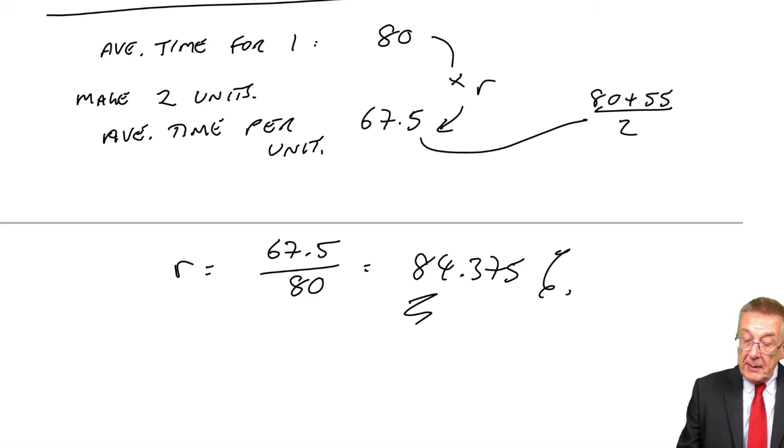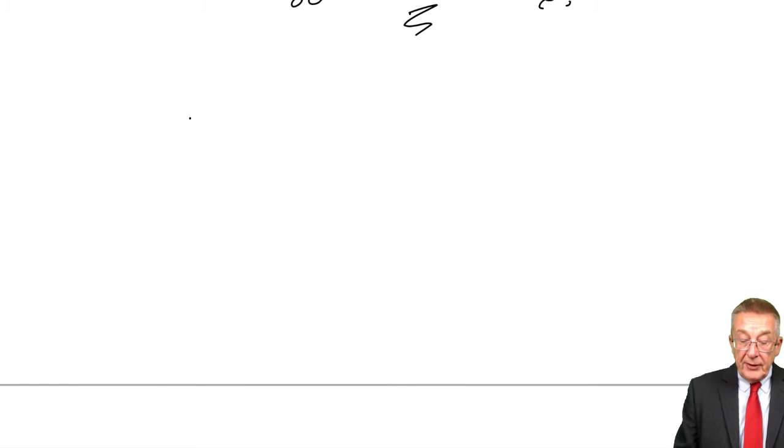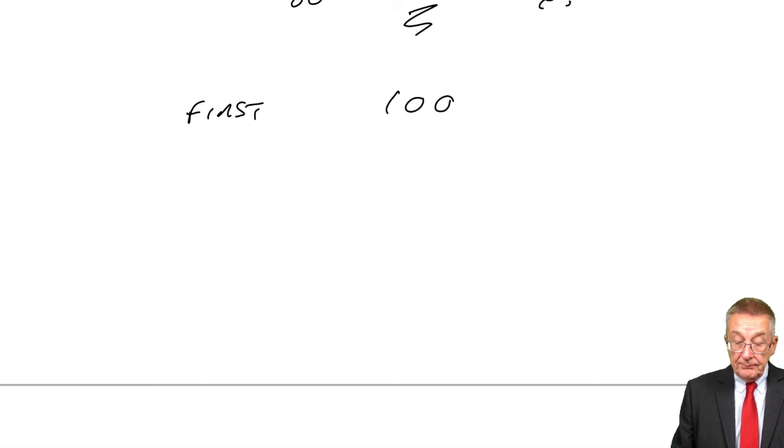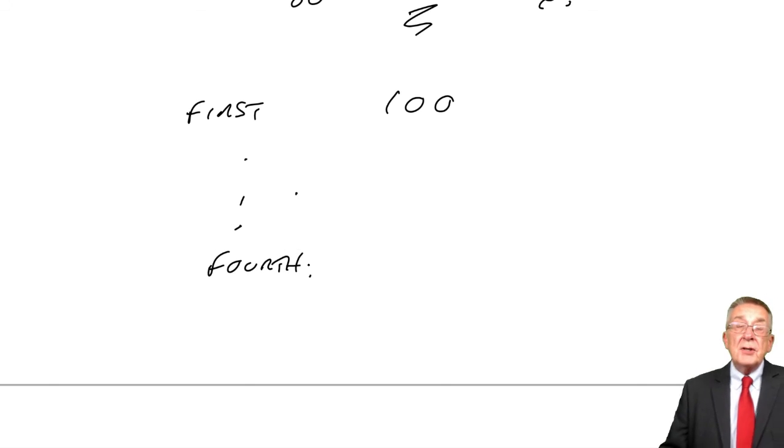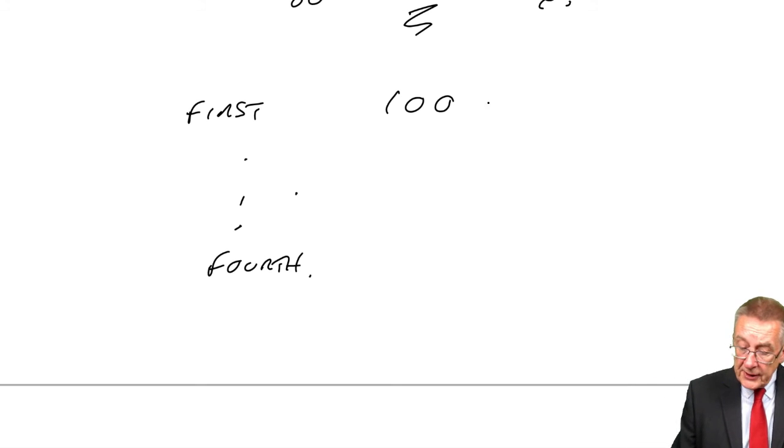So, you know, I could have made it a bit more fun and said, oh, the time for the first is 100 hours. Well, I could give you up to 4. And of course, that's doubling twice. So you'd work out the average time for the first is 100.